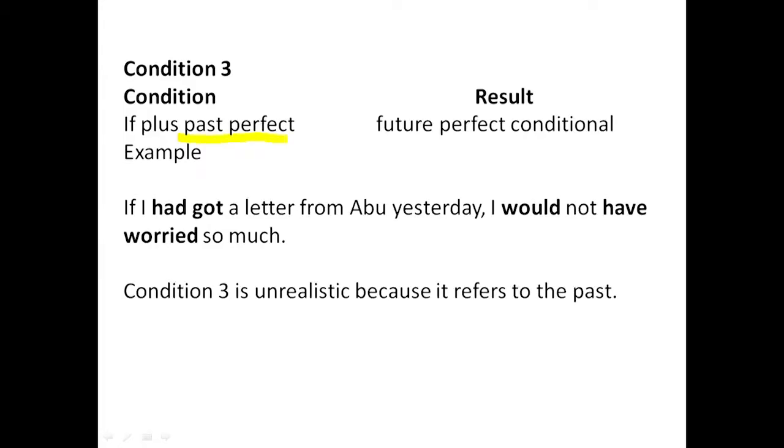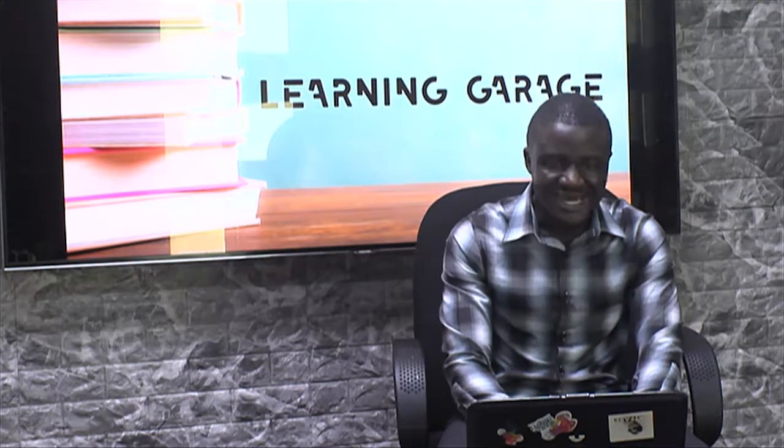Okay? So we proceed to condition 3. Condition 3, under the condition or the if aspect, we are to have past perfect. Past perfect tense, that is what? Had done, had eaten, had flown, had run, had taken. So that's what we call it, the past perfect, the had aspect.